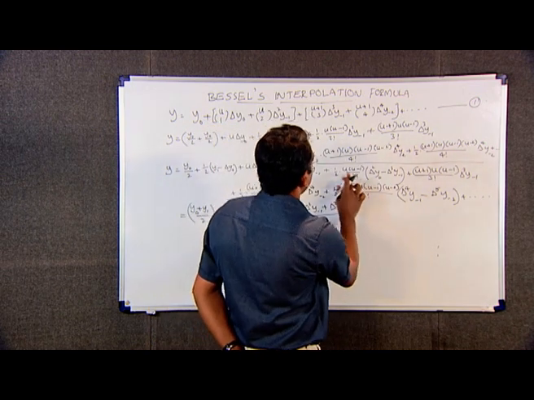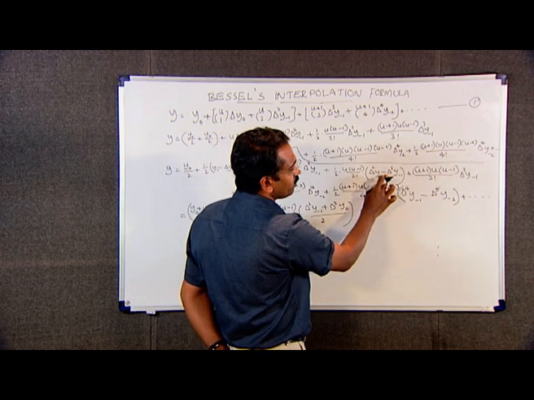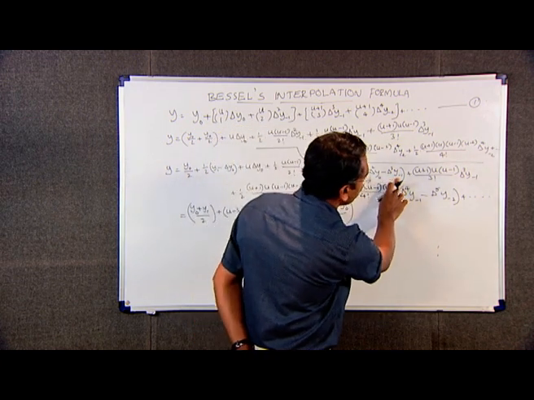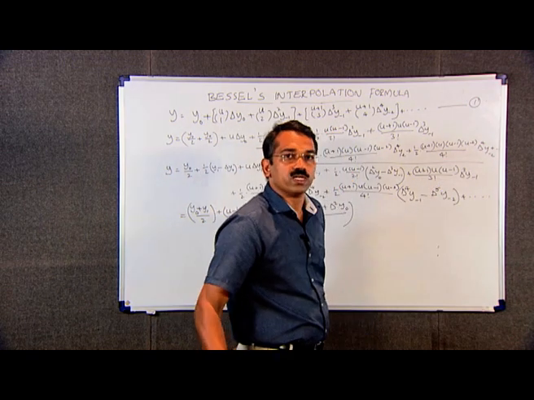Next is 1 by 2 into u minus 1 by 2 factorial into minus delta cube y minus 1. Here also a term containing delta cube y minus 1.